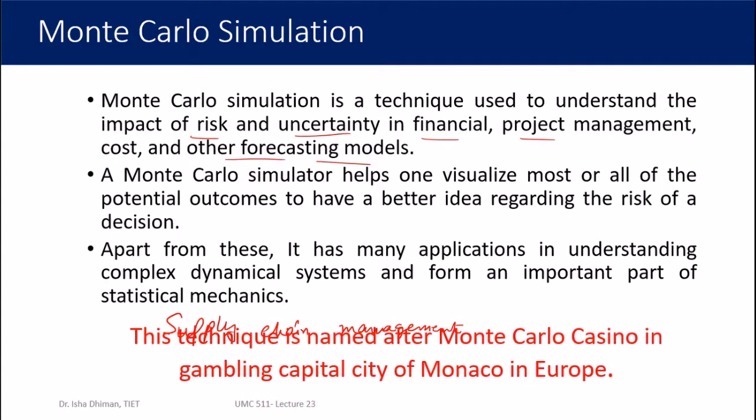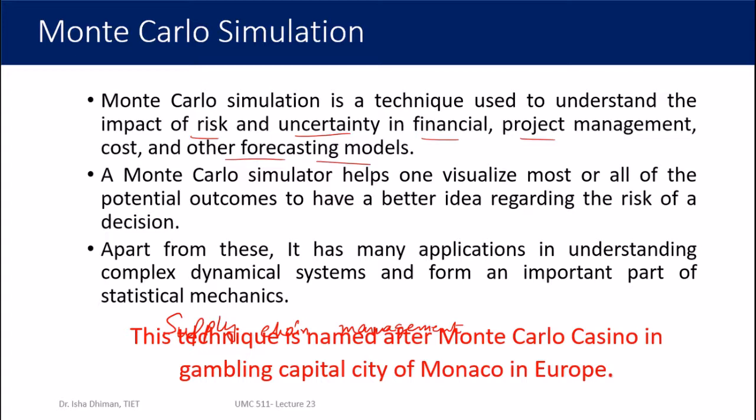This technique is named after the Monte Carlo Casino in Monaco, the gambling capital city of Europe. So the question should come to our mind: why has this particular name been given? Why isn't it called something else, why is the specific word Monte Carlo attached to it? Because Monte Carlo is a famous casino in the city of Monaco. It's actually a country, a very small country close to France, and it is famous for its gambling.